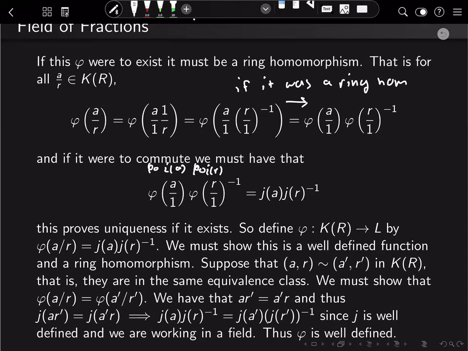But we have that A R prime is equal to A prime R. So J of A R prime is equal to J of A prime R, since of course J is a well-defined field morphism. This implies that J of A, and we can break it up this way because it's a ring homomorphism. So phi is well defined, right? This all comes from the fact that J is well defined, and we're working in a field.